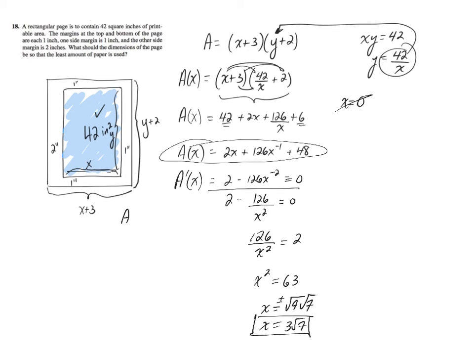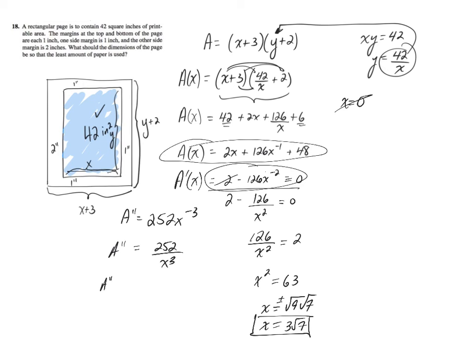So if we do a double prime, working with the prime right here, we get the derivative of 2, which is 0, and then negative 2 times negative 126 is positive 252 x to the negative third. And of course that means 252 over x cubed. That's the double prime.